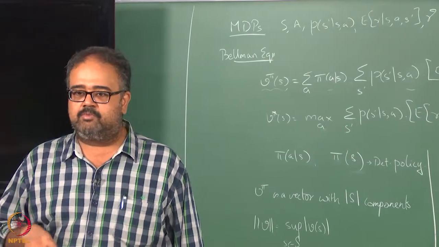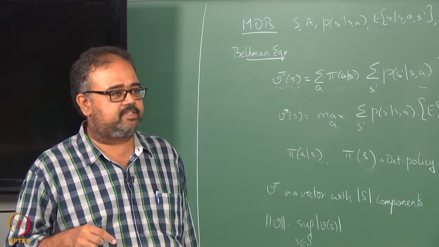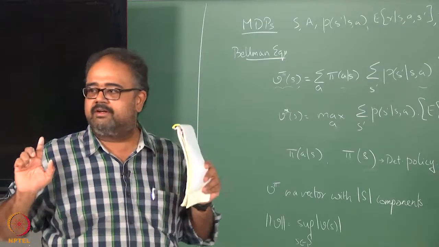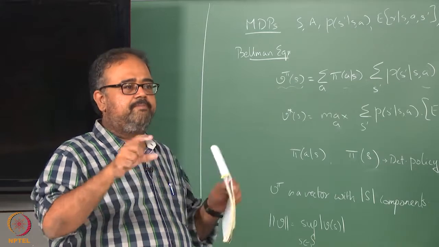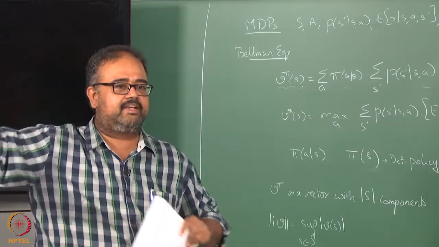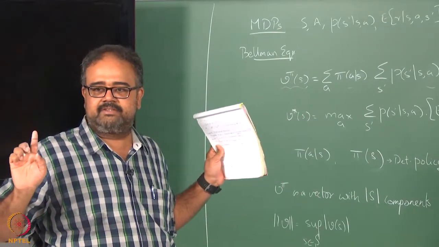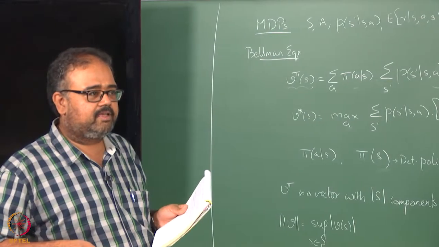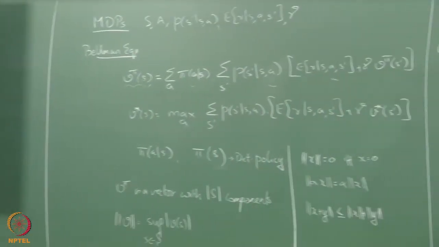The more interesting math comes when you start operating in infinite state spaces, where you can't write down simple results and you have to have a lot of qualifications: if your MDP says that S satisfies this and that and A satisfies this and that, then something will hold. But here we can write very easy results. So I am going to use the Banach fixed point theorem, which makes our life a lot easier.